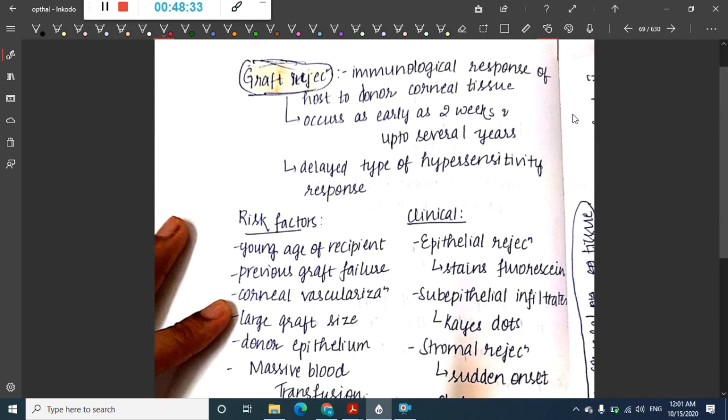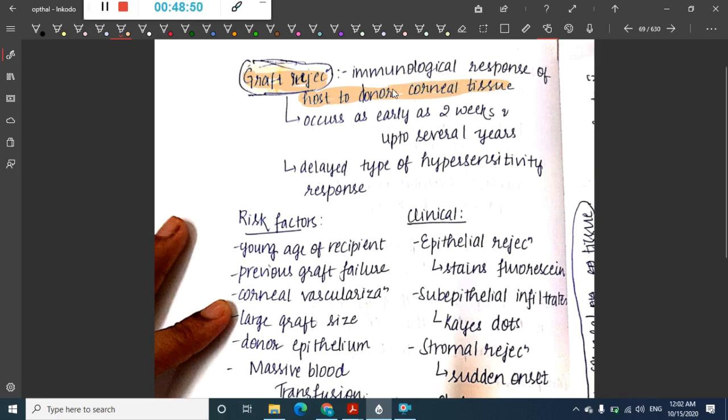Then we can have graft rejection. So what happens in graft rejection? Graft rejection is an immunological response of the host to the donor corneal tissue.